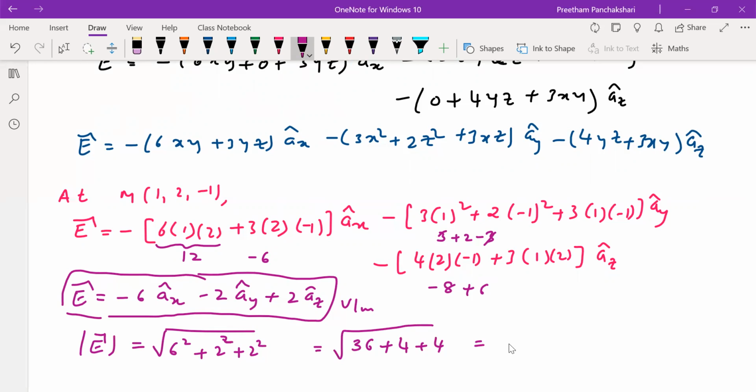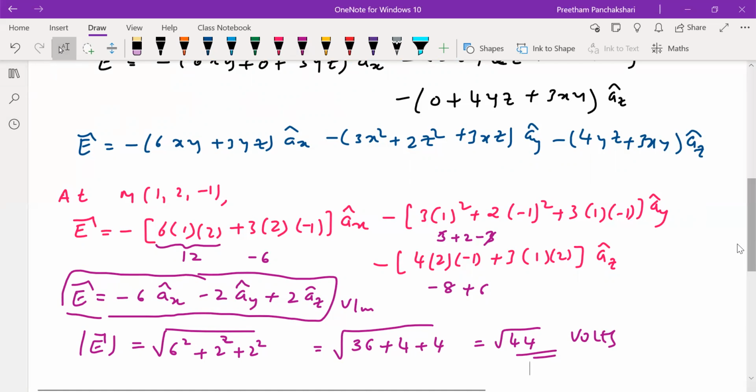So it's going to be the square root of 44 volts per meter. This makes the solution of the problem. So we have found electric field strength at the given point.